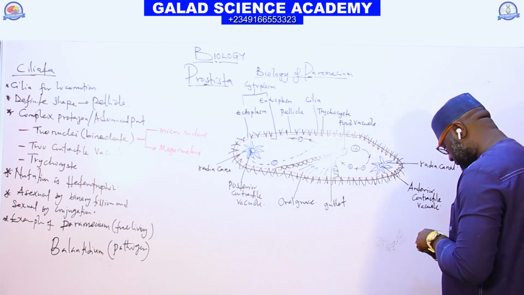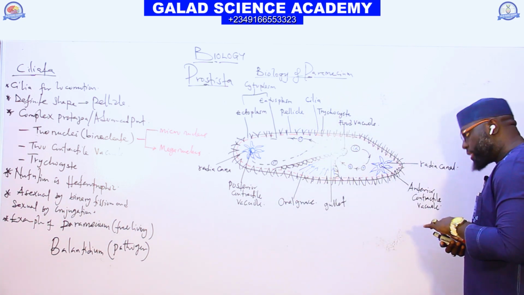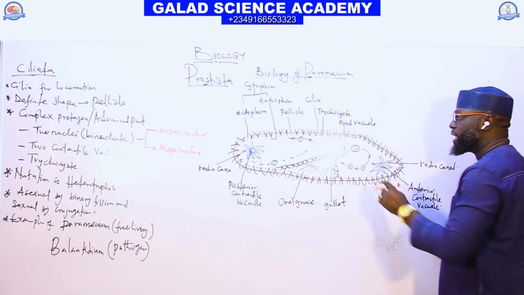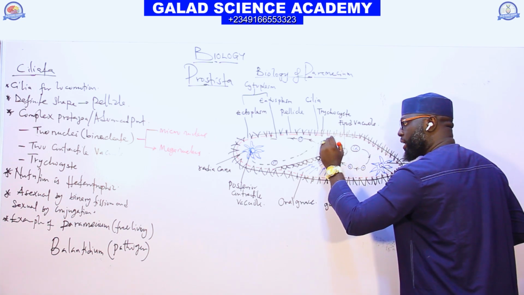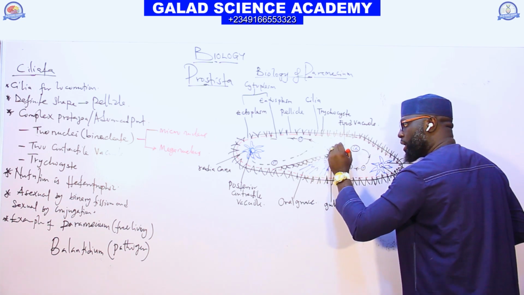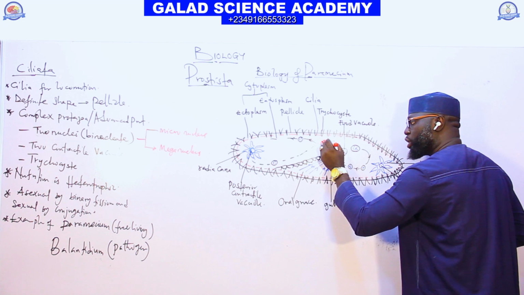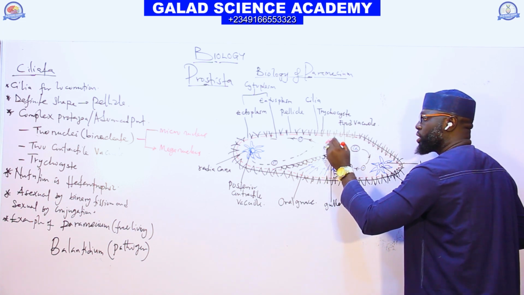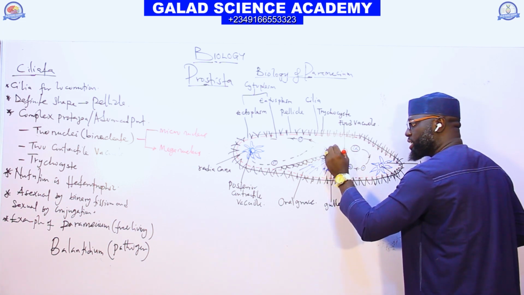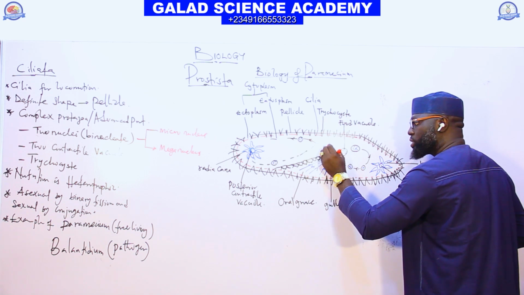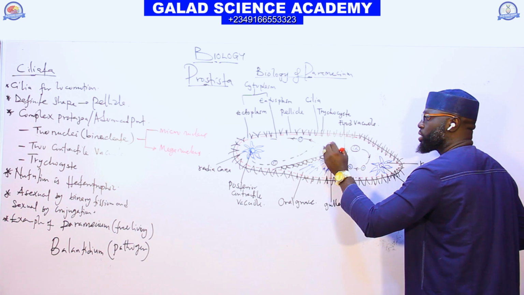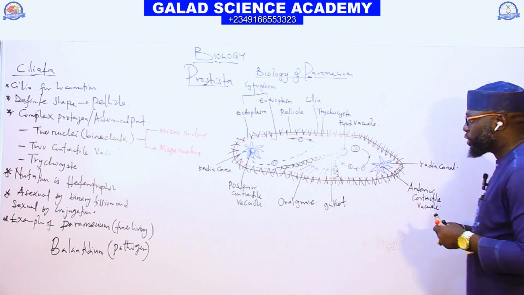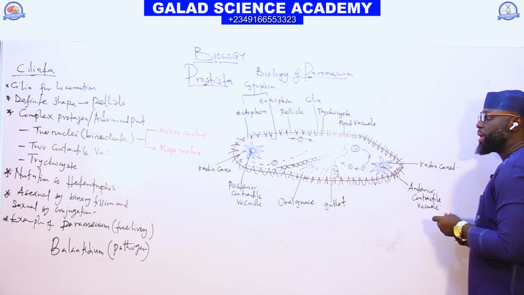And again, the Paramecium, I said they have two nuclei. This is the first nucleus, and the second nucleus is a circular nucleus. So this first nucleus, we call it meganucleus.